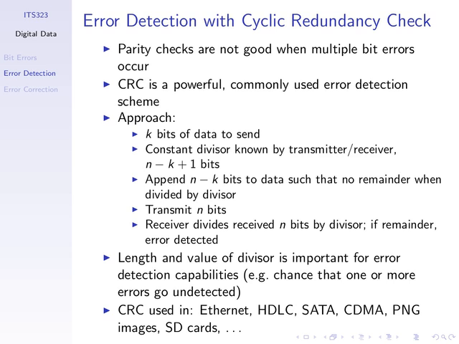Another thing to note is these values. In general, we have k bits of data and an n minus k bit error detecting code, and as a result we transmit an n-bit frame. If you add these two together you get n.